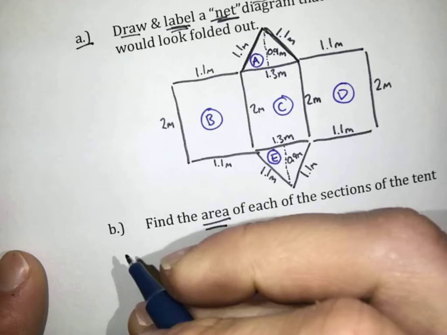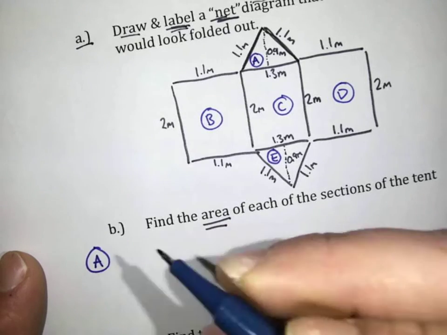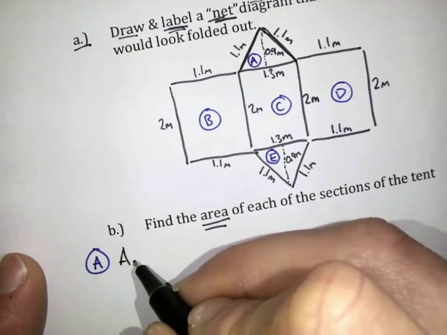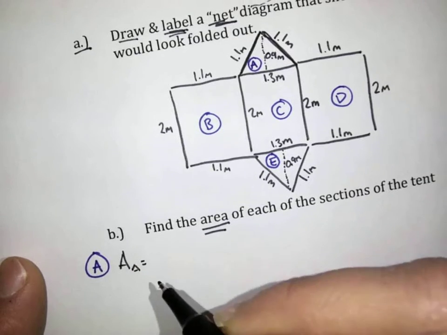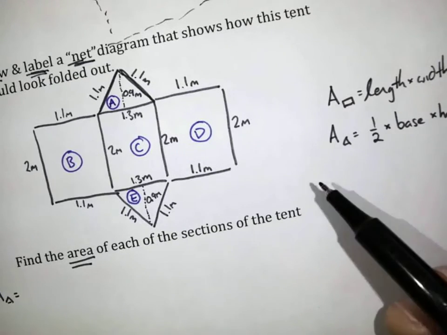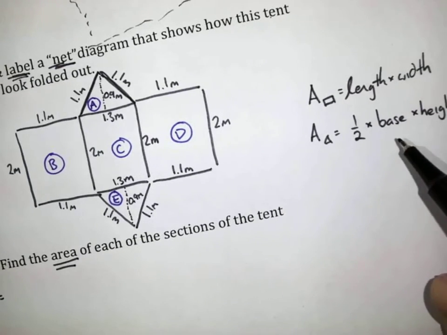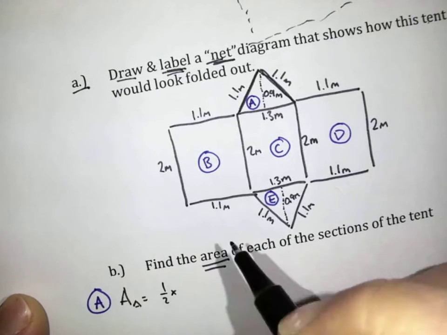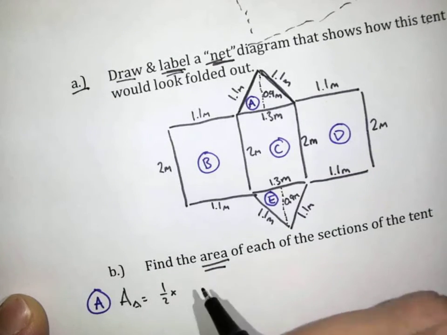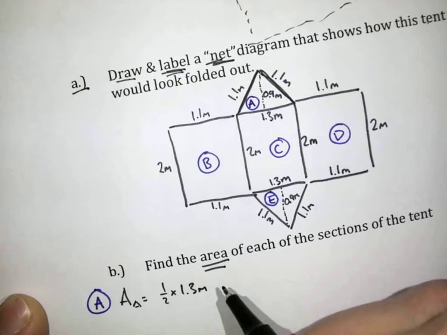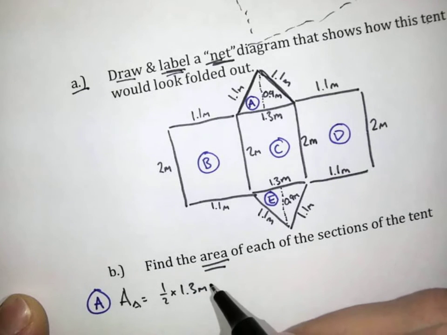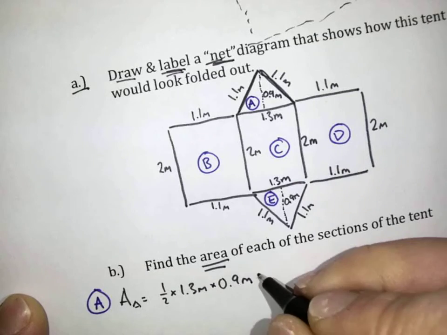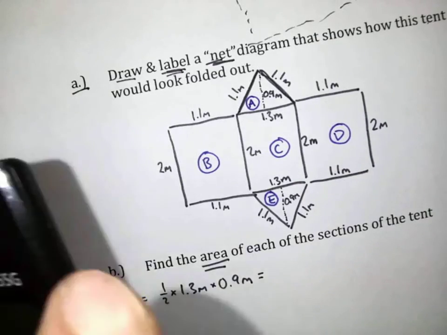All right, so let's find the area for section A. Okay, that is a triangle. So the area of a triangle is equal to 1/2 times the length of the base times the height. Okay, so that's 1/2 times the length of the base of that triangle is 1.3 meters, and the height of the triangle is 0.9 meters. Okay, and that is some number.